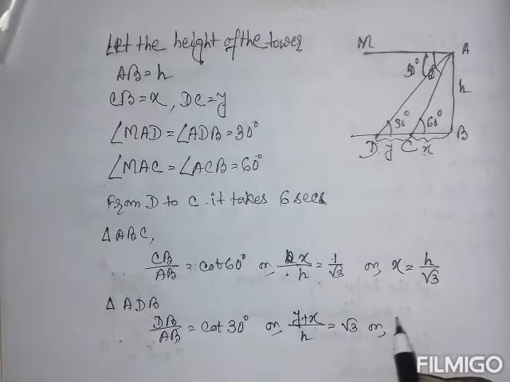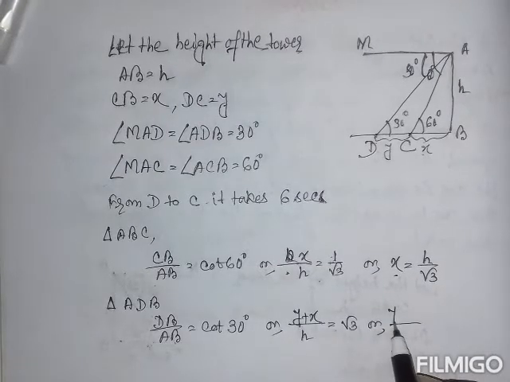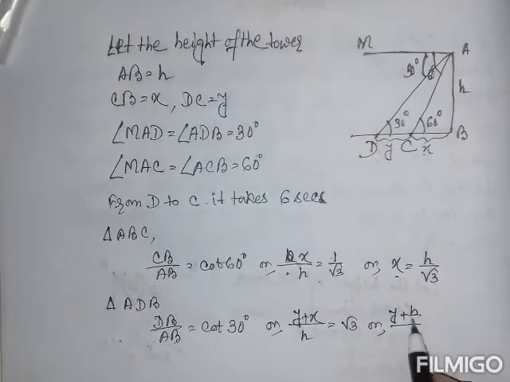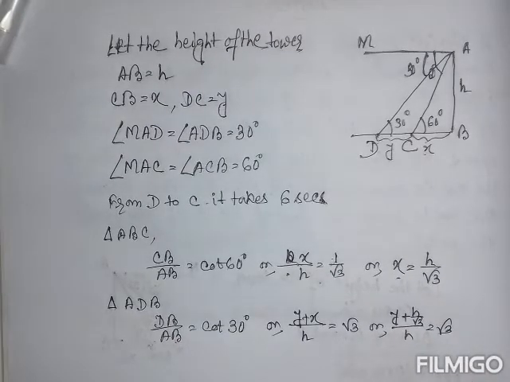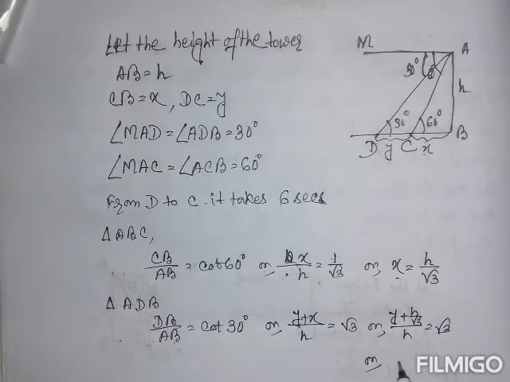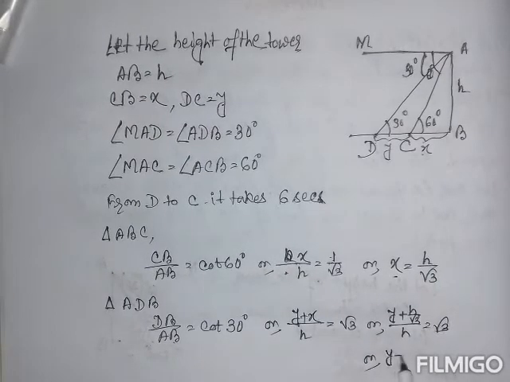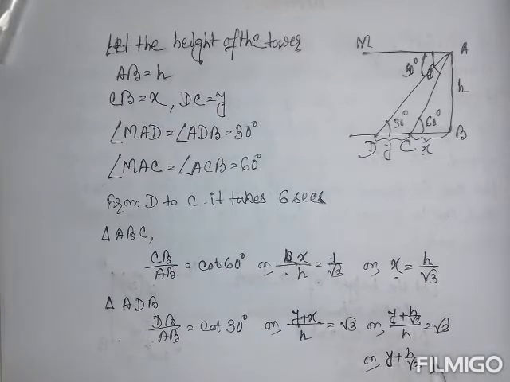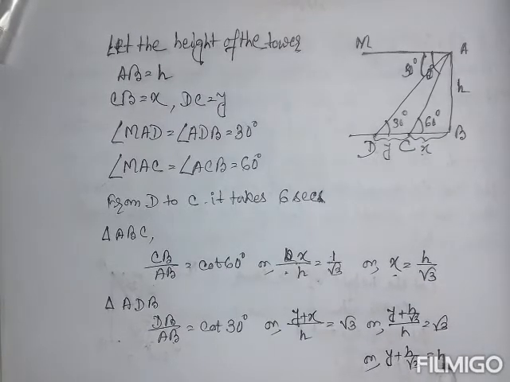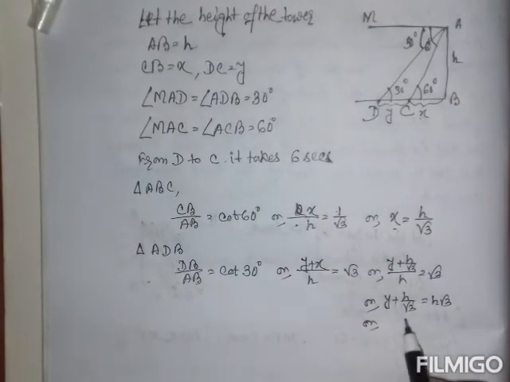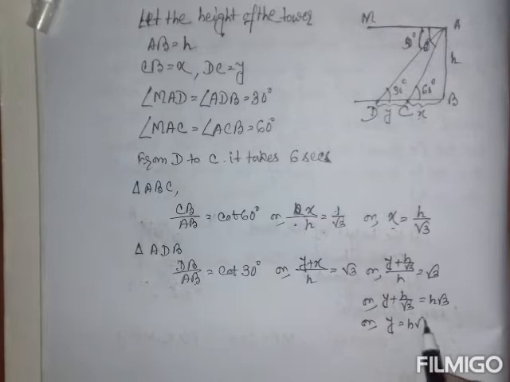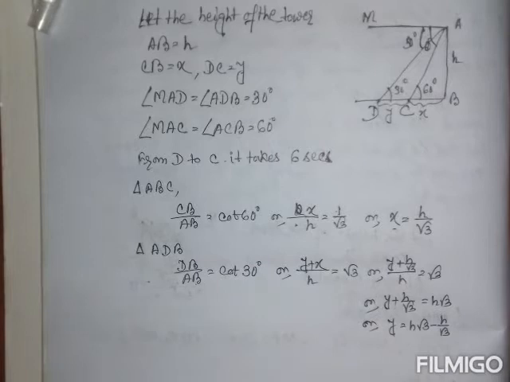We can put the value of X here: Y plus H by root 3, by H, is equal to root 3, or Y plus H by root 3 is equal to H root 3, or Y is equal to H root 3 minus H by root 3.